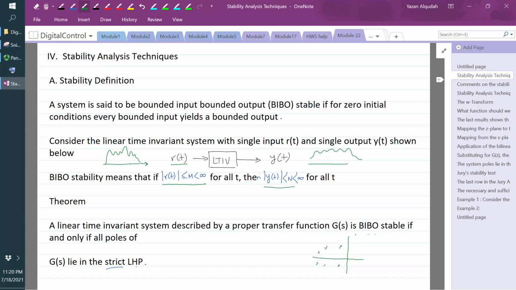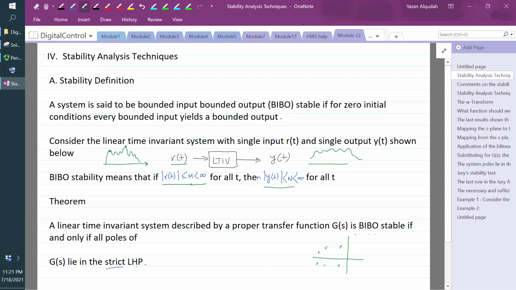Okay. Now there are different definitions for stability. The one we are interested in is the bounded input, bounded output stability. Bounded input, bounded output stability means that if I have a linear time invariant system with no initial conditions and I apply a bounded input to the system, I should get a bounded output. The input can have any value, it can reach any value, but it cannot go to infinity.